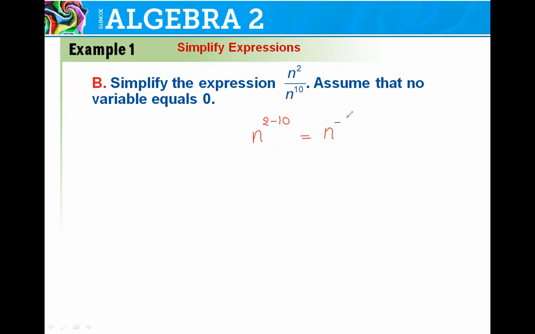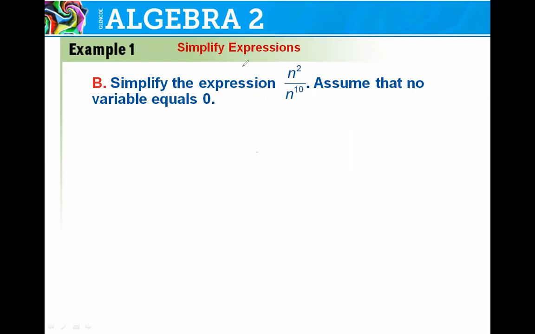So it's -8. If you have any power with negative, what shall we do? Flip it. So it will be 1 over n power 8. This is our answer. So 1 over n power 8 is the simplest form. Thanks, Hatem.